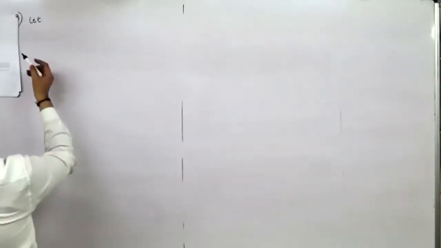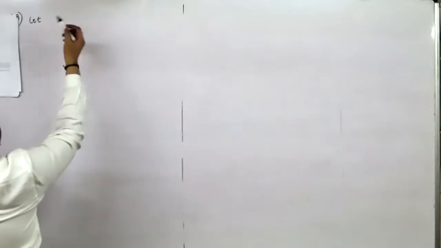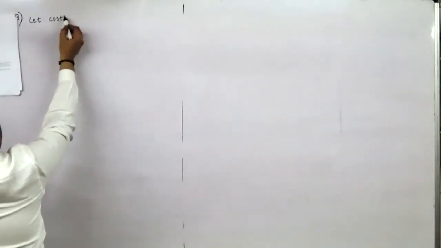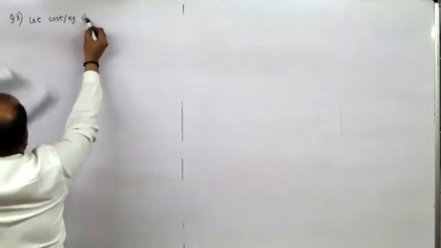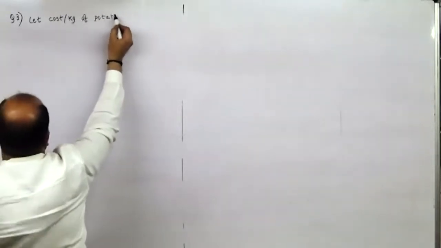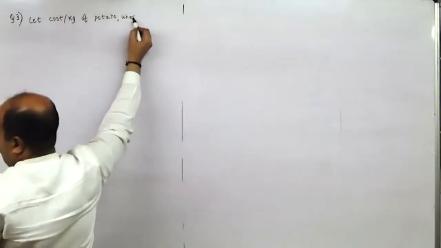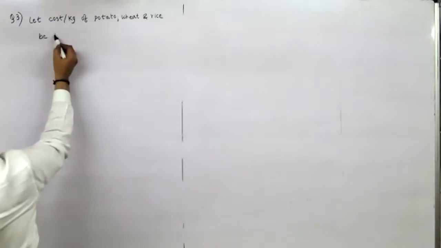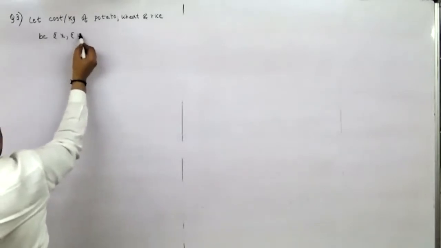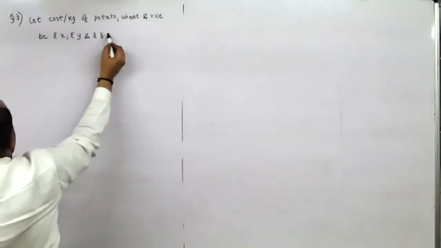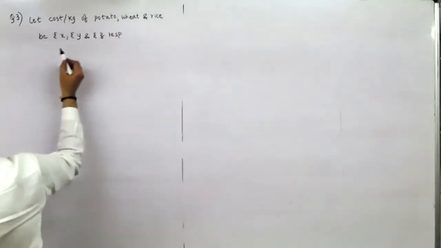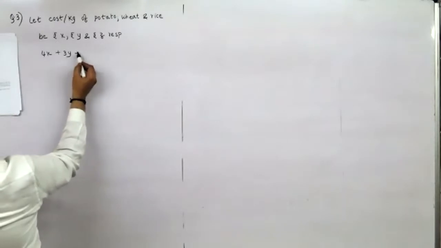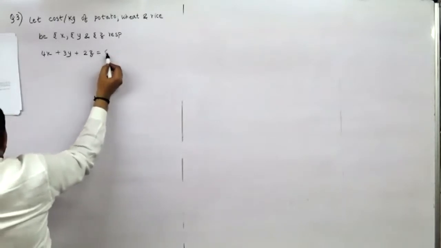Achha, activity. The cost of 4 kg potato, 3 kg wheat and 2 kg rice is 60. So let the cost per kg of potato, wheat and rice be rupees X, rupees Y and rupees Z respectively. 4 kg potato 4X plus 3 kg wheat 3Y plus 2 kg rice 2Z is equal to 60.